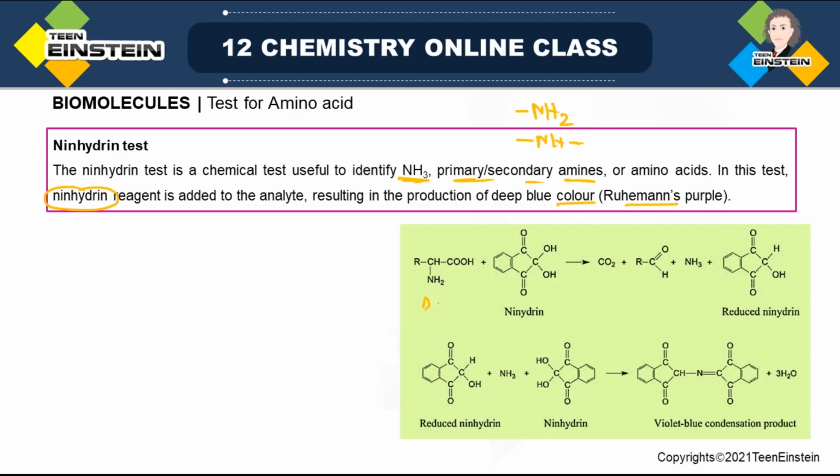So this is the reaction. This is the general structure of an amino acid, where R is the side chain, and this is the structure of ninhydrin, the actual reagent we are going to use.